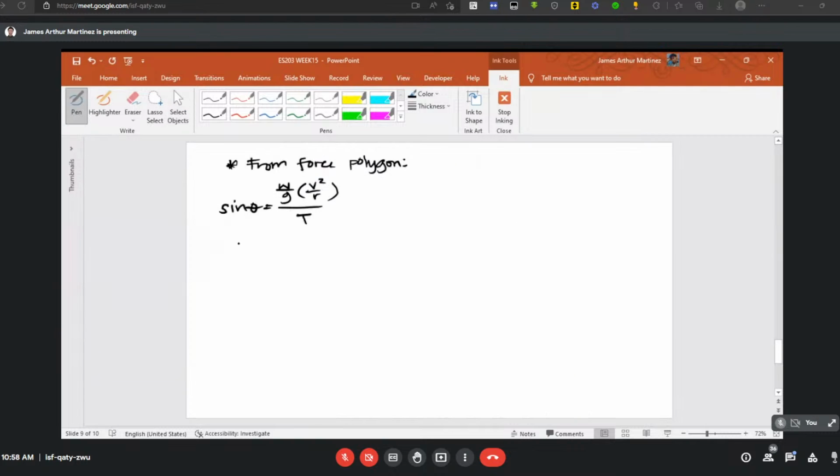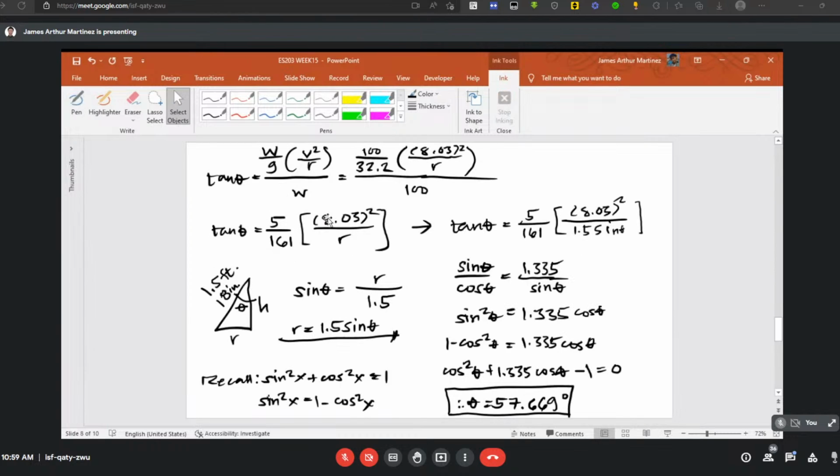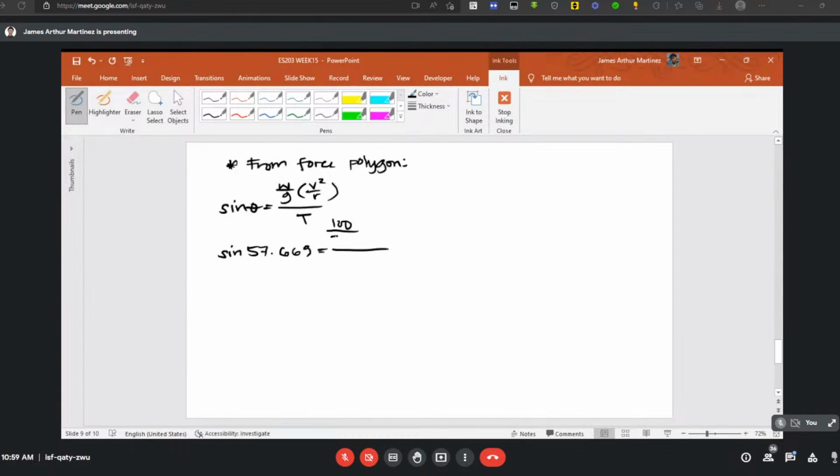So, substituting the data, you have sine of angle theta, which is 57.669, equal to the weight, which is 100, divided by the gravity, 32.2, times the velocity, 8.03 squared, all over the radius.